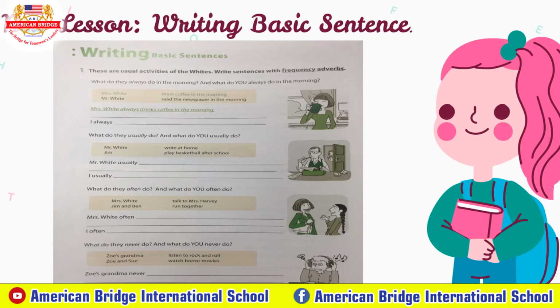Zoe's grandma never listens to rock and roll. Zoe and Sue never watch horror movies. Now, what do you never do? I never do. Complete this sentence. So this is our new lesson for today, writing basic sentences.